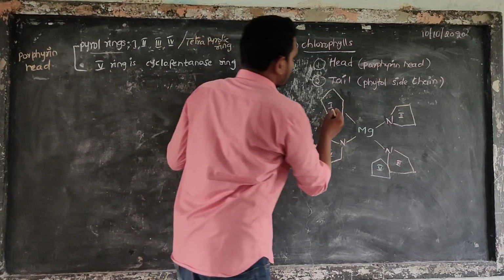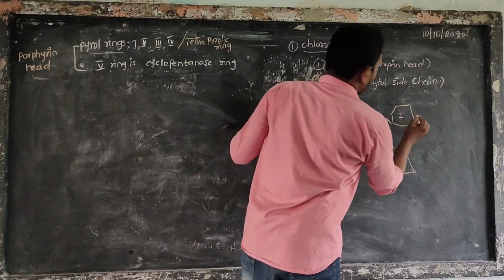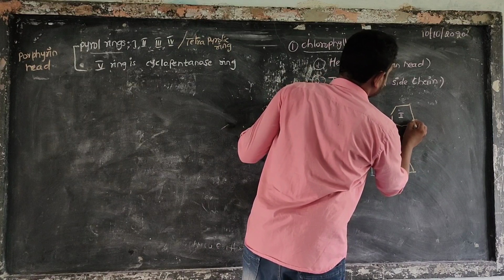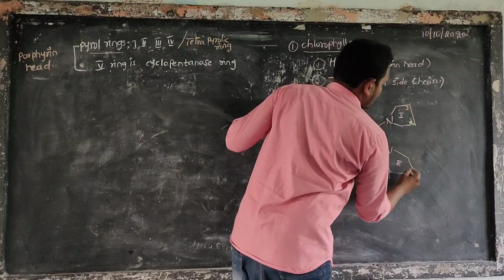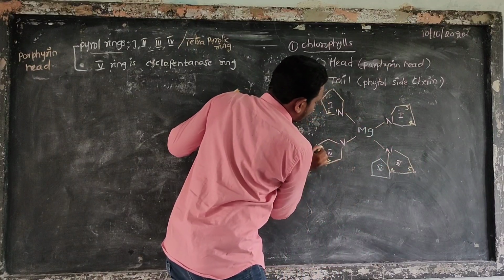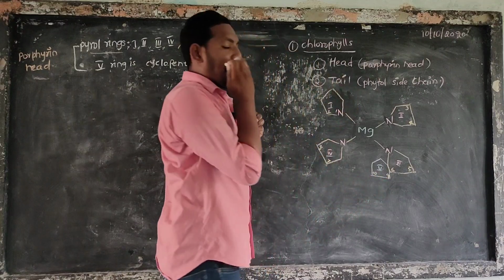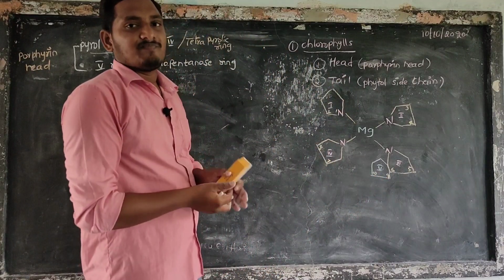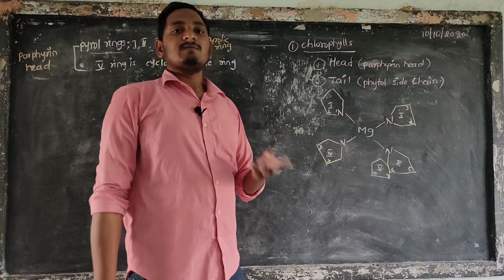So, carbon number 1, carbon number 2, carbon number 3, carbon number 4, carbon number 5, carbon number 6, carbon number 7, carbon number 8, carbon number 9, carbon number 10. These four rings are connected with carbon atoms.